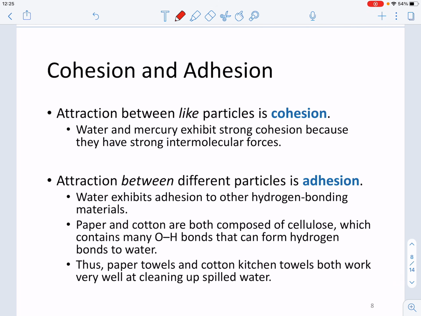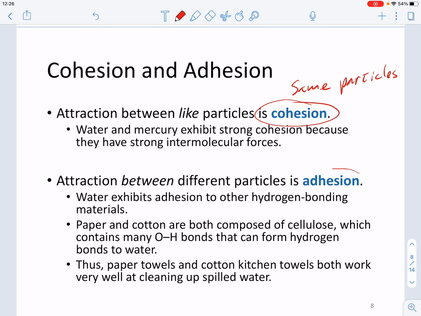So whenever we are referring to interaction between the same particles, within the liquid, we refer to those forces as cohesion forces. Okay, and again, don't get me wrong, cohesion forces are still intermolecular forces. Now we are making the distinction that this cohesion is between same particles.